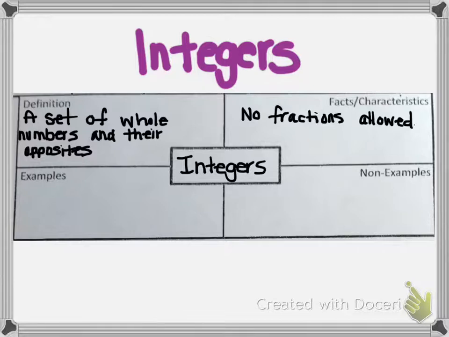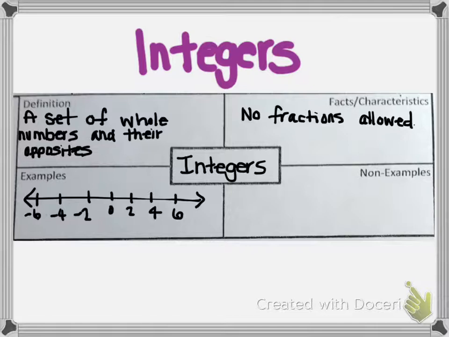An example of integers is the number line again. If we have 0 in the middle, our number line can include 2, 4, 6, and on to the right, as long as it's a whole number. But it also can include negative 2, negative 4, and negative 6, on and on and on.